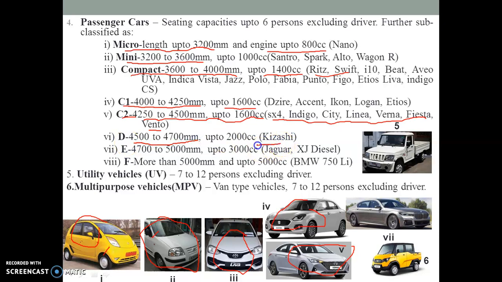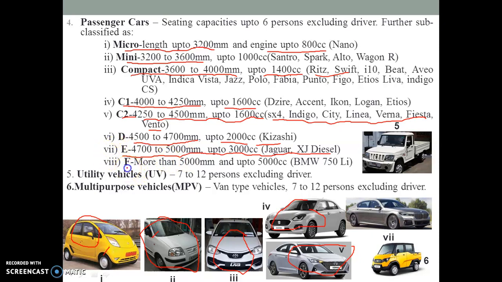The picture was not available, but its capacity is 2000 cc. Then E is here, 4700 to 5000 mm, with a capacity up to 3000 cc. And the Jaguar XJ Diesel is in this category.